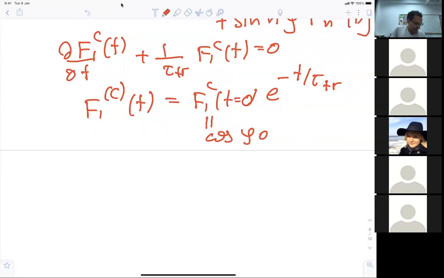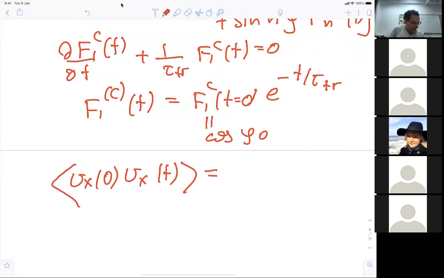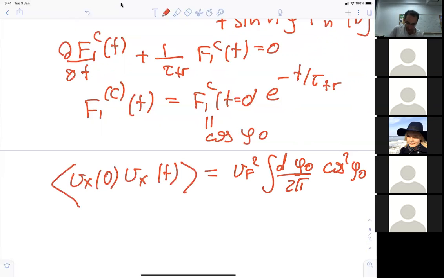Therefore, Vx at the time 0 times Vx at the time t will be equal to V Fermi squared, integral over d phi 0 over 2 pi, cosine squared of phi 0, e to the minus t over tau transport.